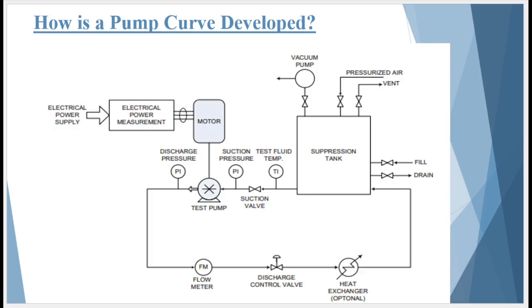At each operating condition, the manufacturer records the flow rate, suction pressure, discharge pressure, power consumption, and other required measurements. Each operating condition produces one test data point. By repeating the test over the entire operating range, a number of data points are collected. These points are then plotted on a graph and smoothly connected to form the final pump performance curves supplied by the manufacturer.